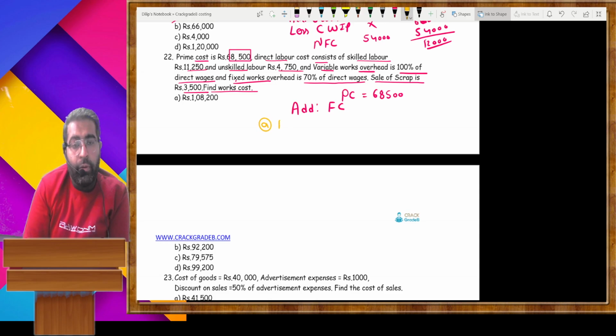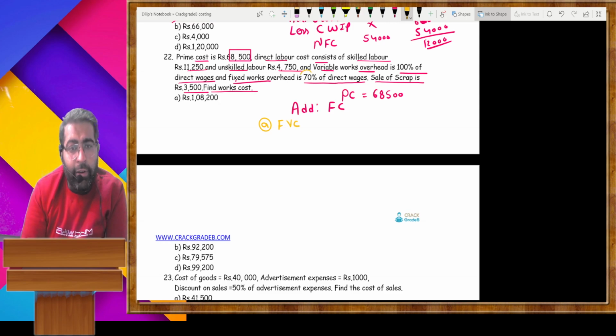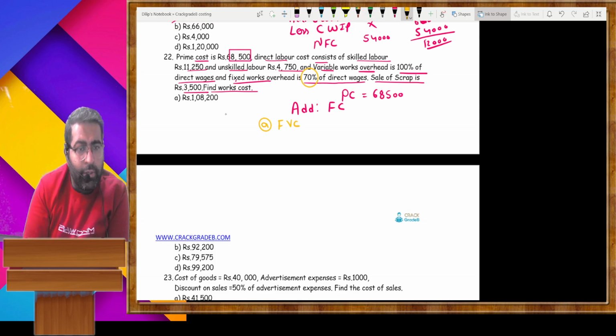A. Fixed overhead is 70% of direct wages. So how much are direct wages? 11,250 plus 4,750, 16,000. 16,000 times 70%. Calculate. That is 11,200.